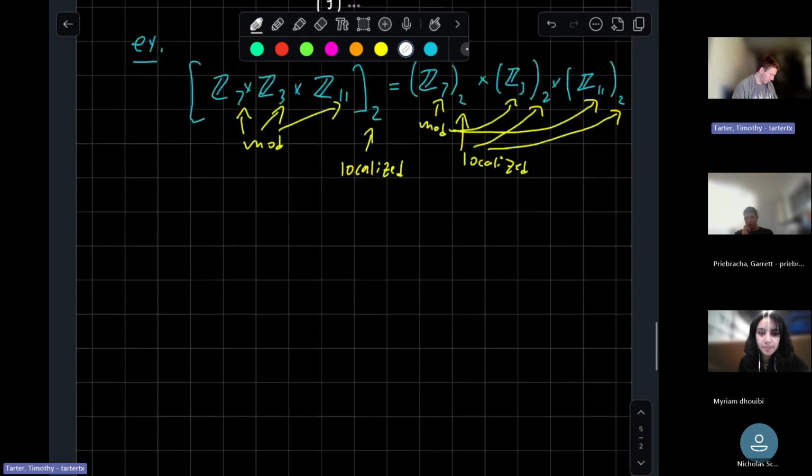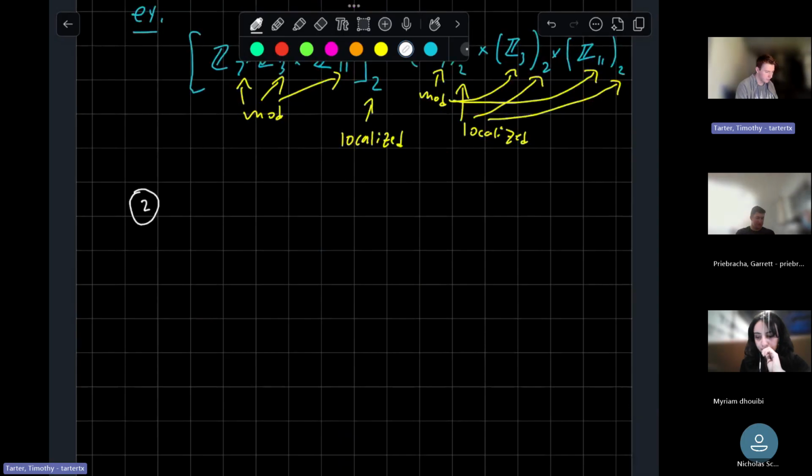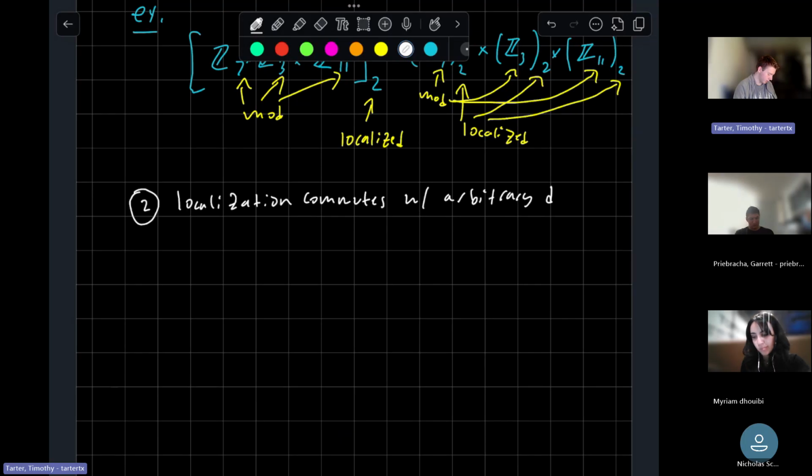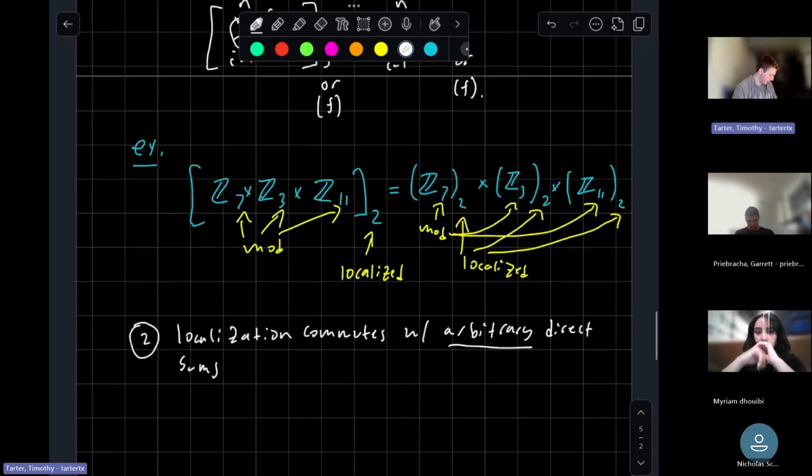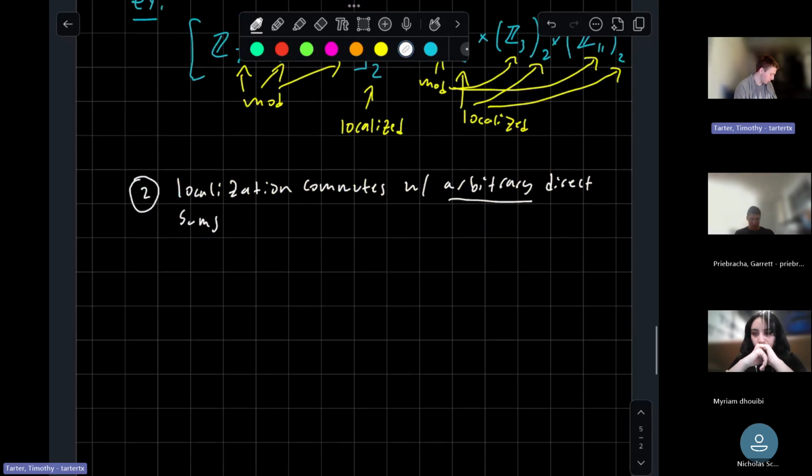So then our second proposition in this chain is that localization commutes with arbitrary direct sums. This is kind of the same meaning, except that arbitrary can mean some indexing set I, which may be countable or uncountable, right?